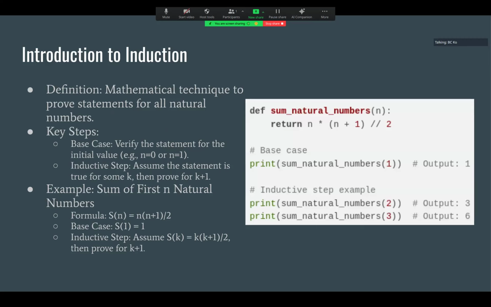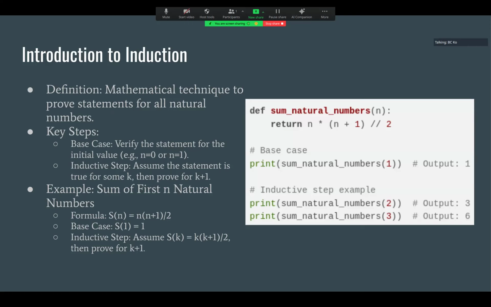Introduction to induction. Induction is a mathematical technique used to prove statements for all natural numbers. Induction consists of two main steps.